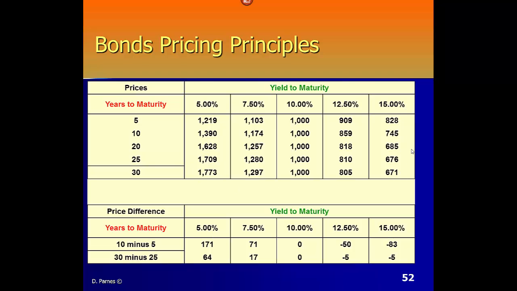And inside the table, once again, I'm recording the prices of those bonds. Once again, not surprisingly, you can see $1,000 right here in the middle, simply because with a yield to maturity of 10% and a coupon rate of 10%, the price is always equal to the par value regardless of the number of years until maturity.